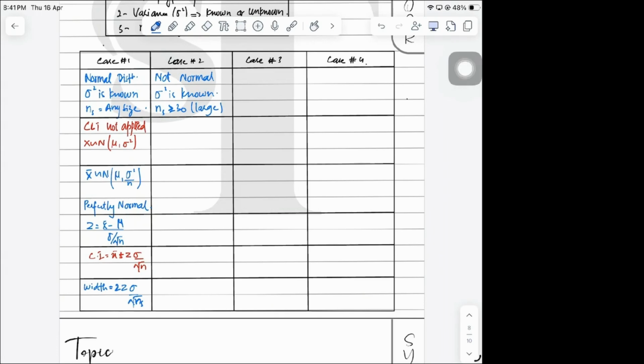So at that time we can say that CLT is applied, meaning the central limit theorem is applied, and the distribution will be approximately normal.